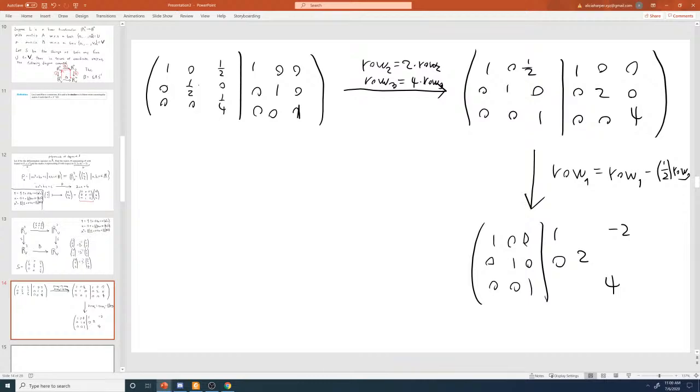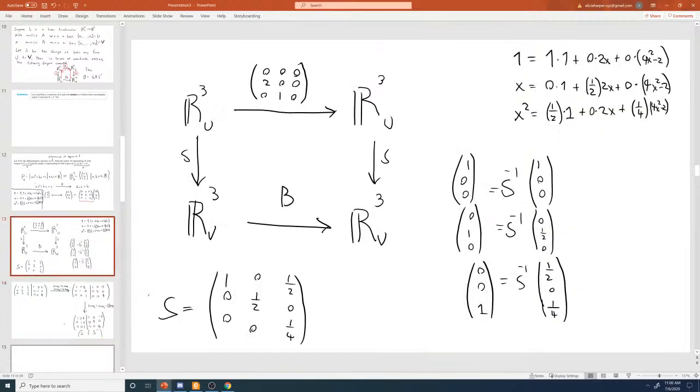Yeah, that's right. And this right here is my final augmented matrix, I and S, or I'm sorry, S inverse. So I have figured out S inverse and I have figured out S, and now I have all the data I need to figure out B.